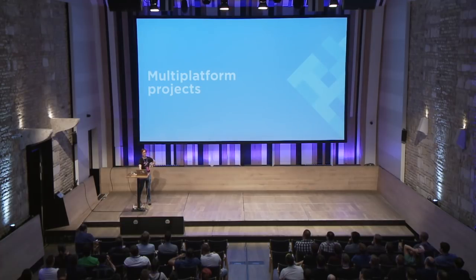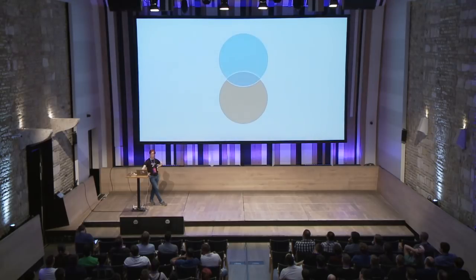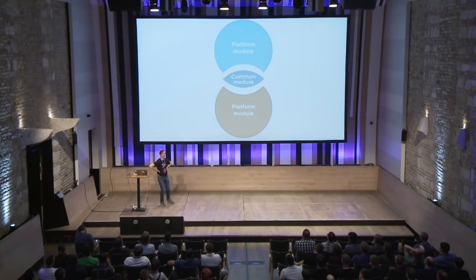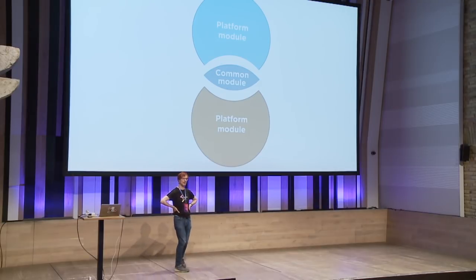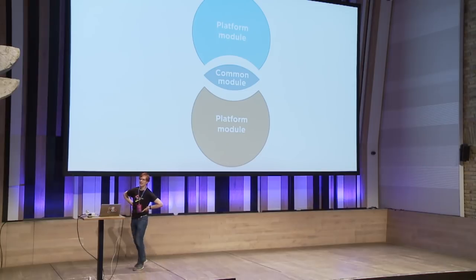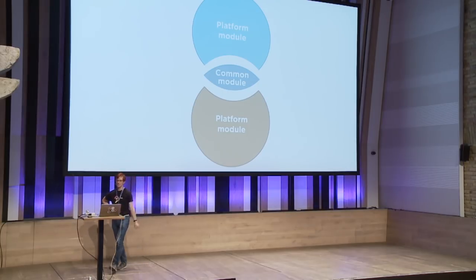So first of all, let's look at how a multi-platform project in Kotlin is structured. In Kotlin, we have made the separation between common code and platform-specific code on the level of modules. Every module contains either common code that does not depend on any platform, or platform-specific code.